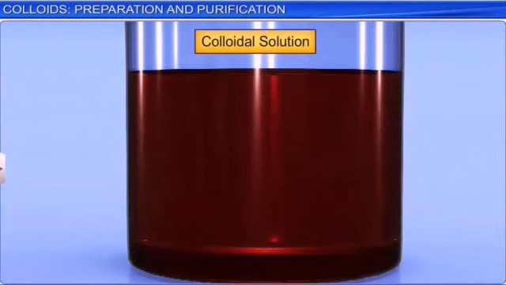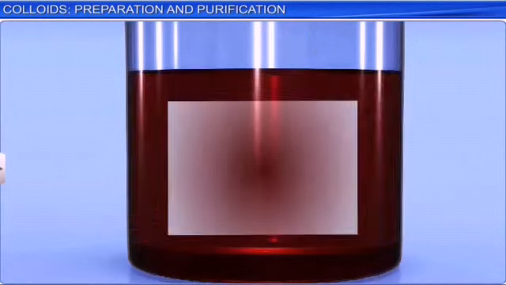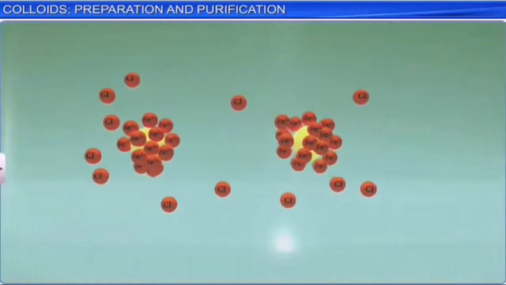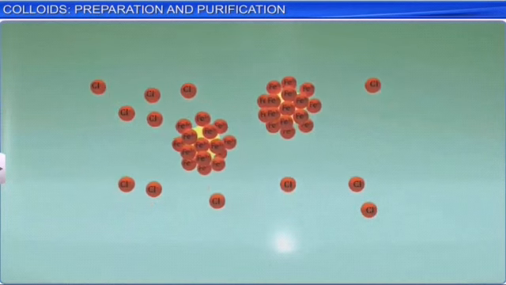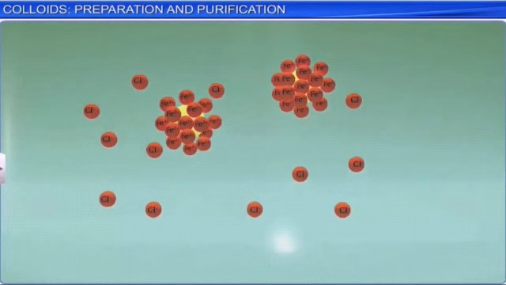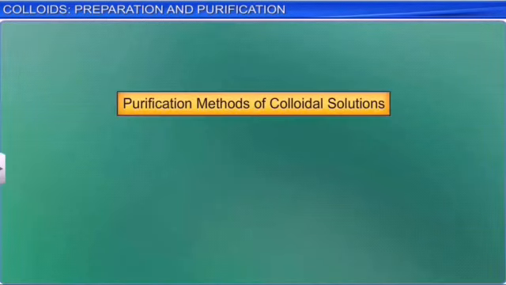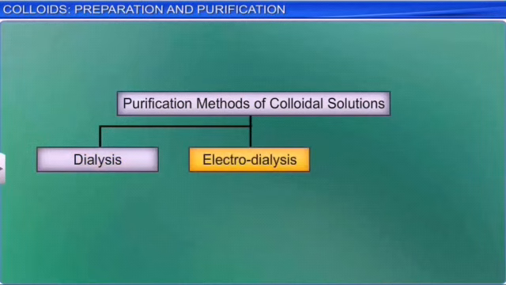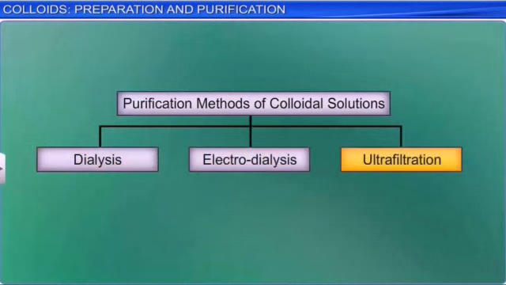Here, the ferric ions from ferric chloride get preferentially adsorbed by the ferric hydroxide precipitate. So that's all about preparation methods of colloid. Next is the purification methods of colloidal solution. Different purification methods are dialysis, electrodialysis and ultrafiltration.